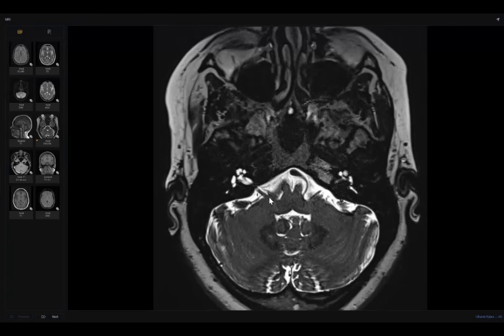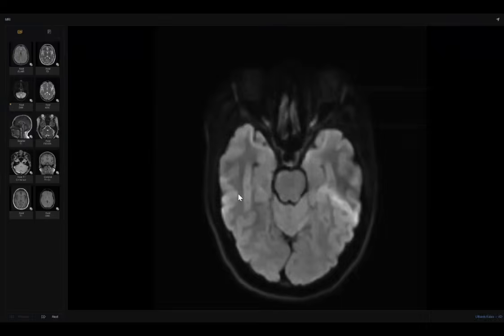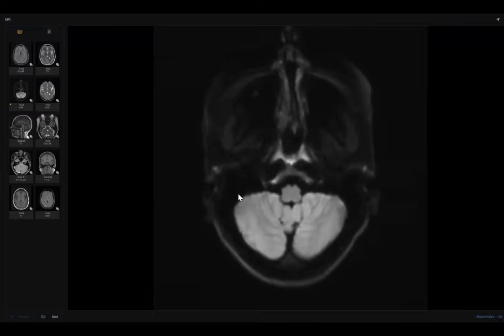In your practice, which sequence? Only one, choose one. I think diffusion, to exclude cholesteatoma.